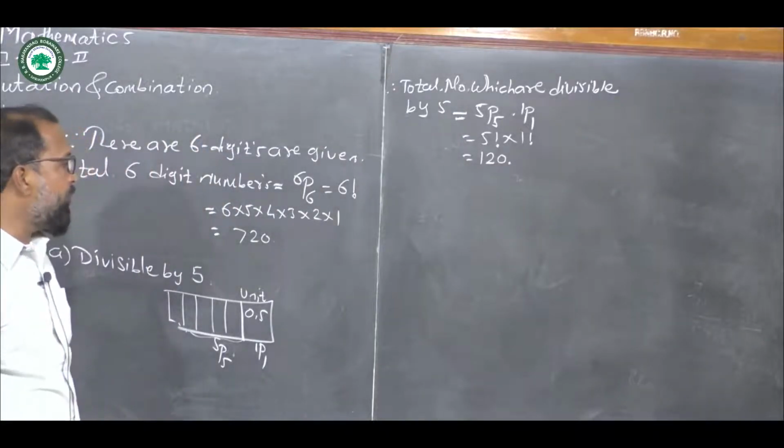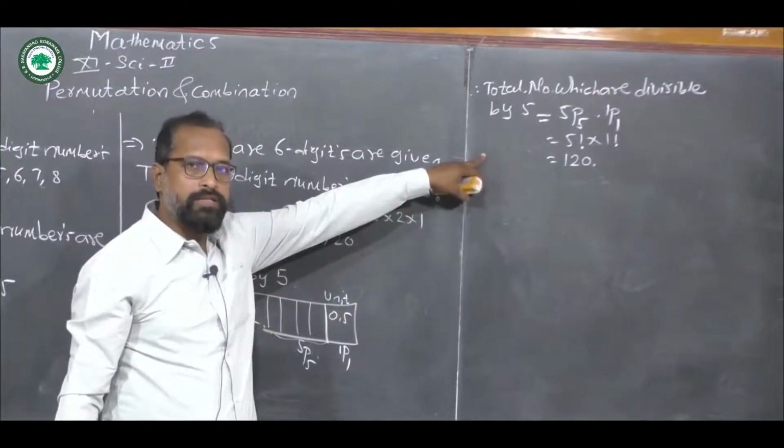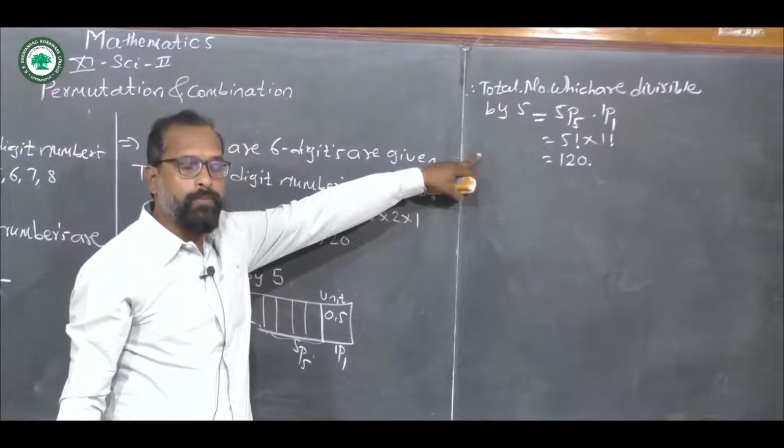So there are 120 numbers. From these 720 numbers, 120 numbers are such that they are divisible by 5.